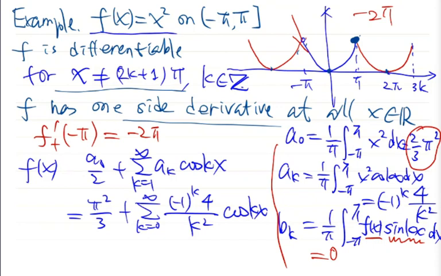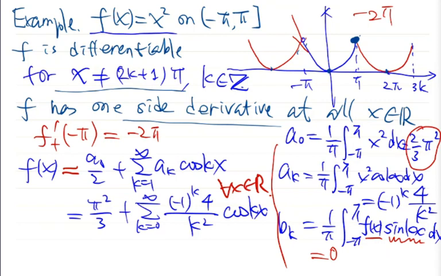So this relation symbol can be replaced by equality. So we obtain this equality: f(x) equals pi squared over 3 plus the sum of the cosine kx terms, and this is true for an arbitrary real number x.